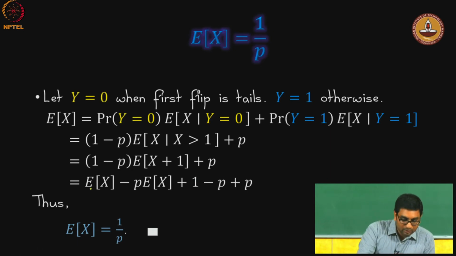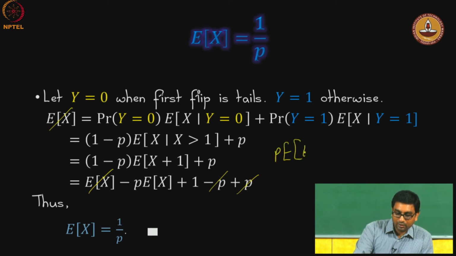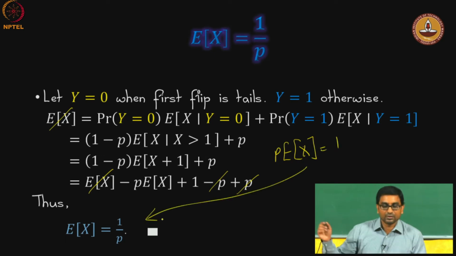This E of x will cancel out with this E of x, this p will cancel out with this p, and so what you will have is p times E of x equal to 1, which will then give us this form. So, this again confirms our intuition that the expectation of the geometric random variable is 1 over p.